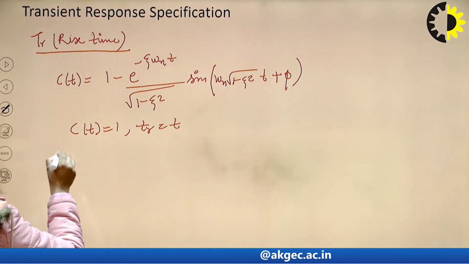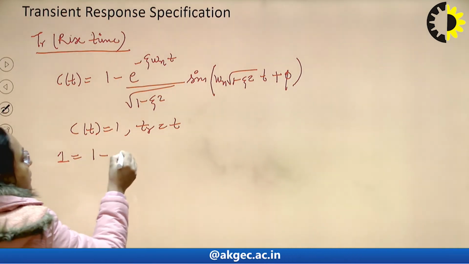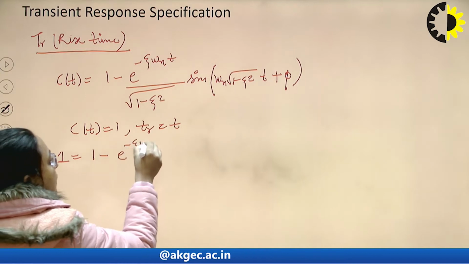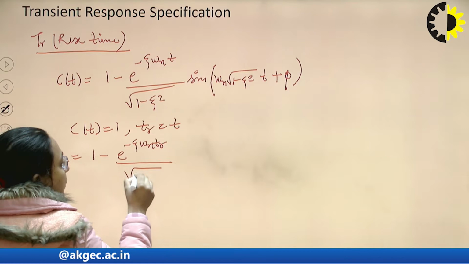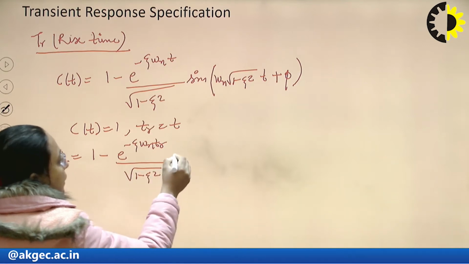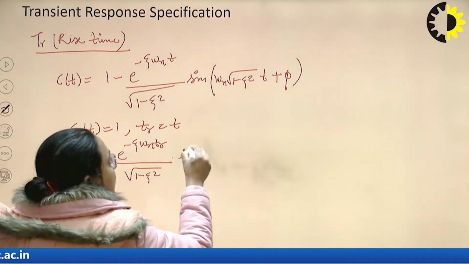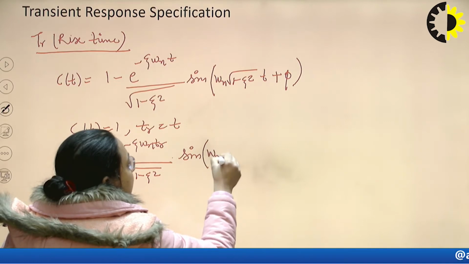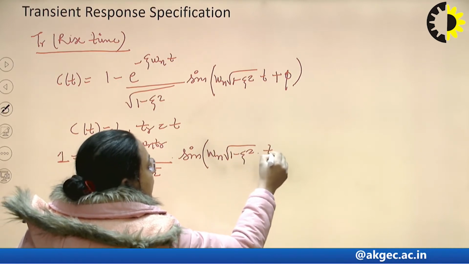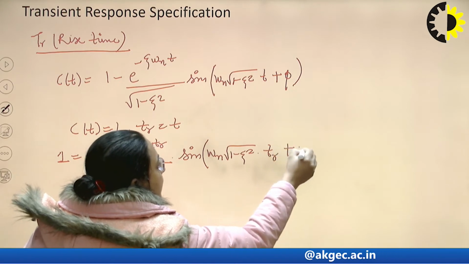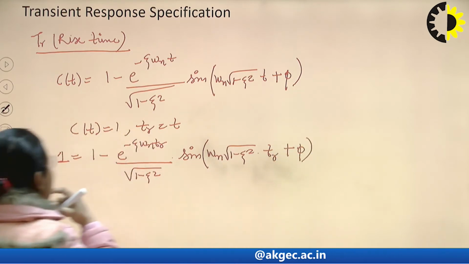We will get 1 = 1 - (e^(-ζωn TR) / √(1-ζ²)) sin(ωn√(1-ζ²) TR + φ).